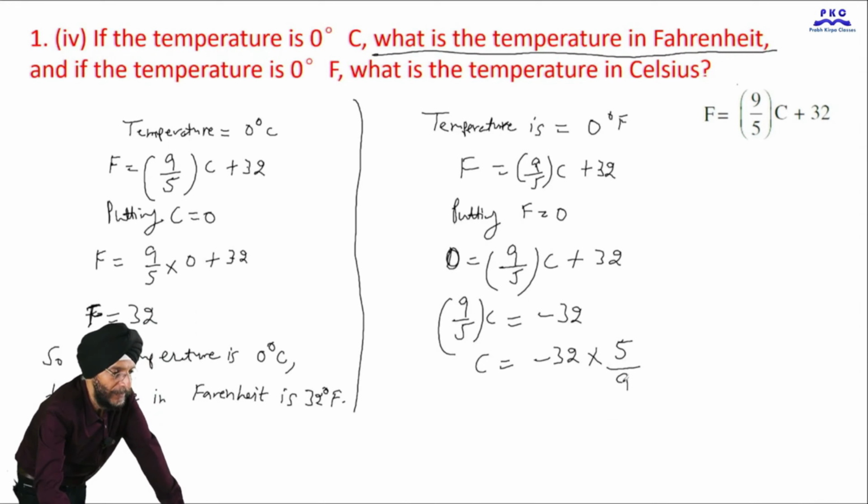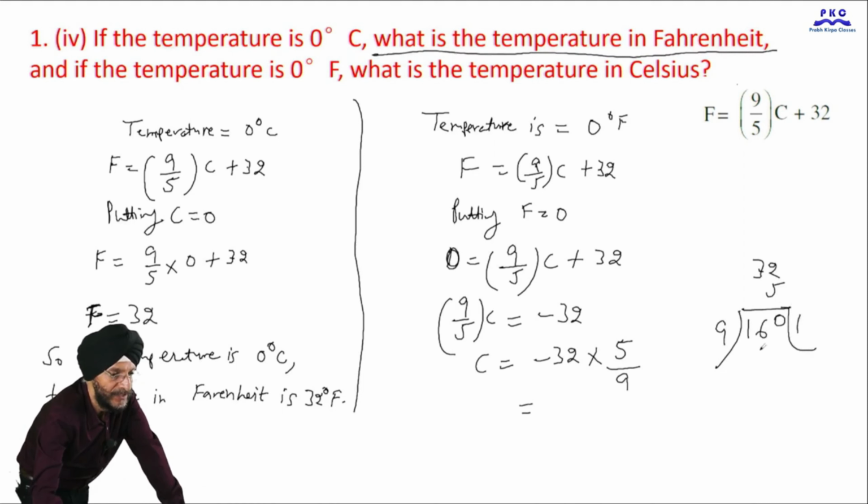So now what will happen? We will multiply this 32 with 5 and we will get 160. Now we will divide it by 9.